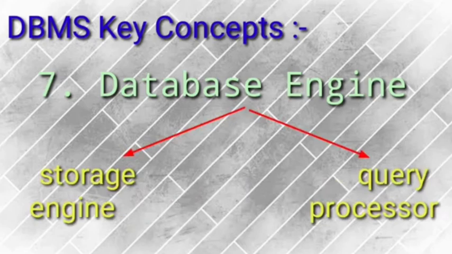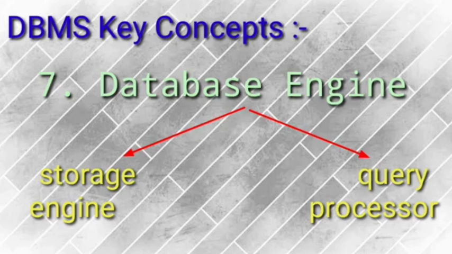The storage engine writes the data to and retrieves the data from the table. The query processor accepts and executes your SQL command. So there is a storage engine which writes your data. Whenever you put data into the table, it is written in the storage engine, and whenever you try to retrieve it, it is accessed from the same storage area which is on the disk.